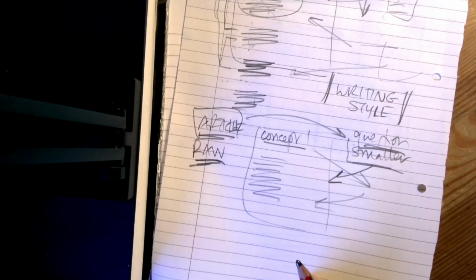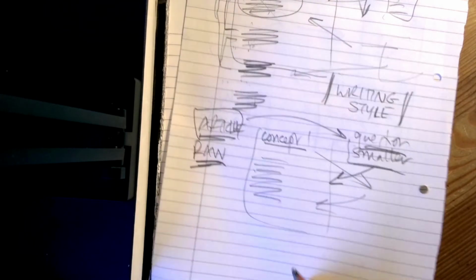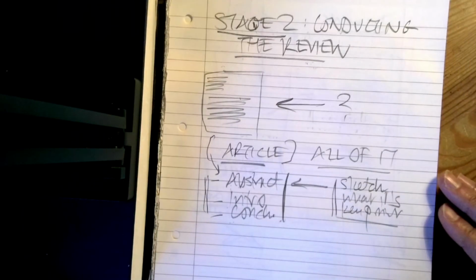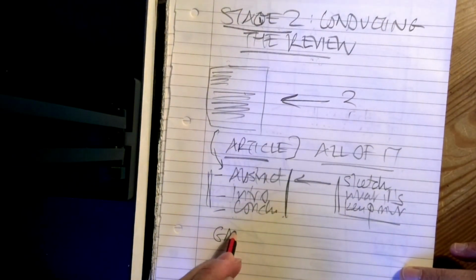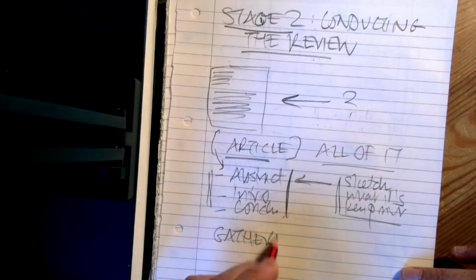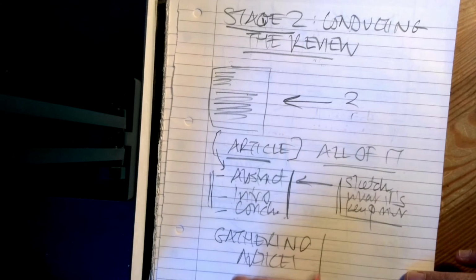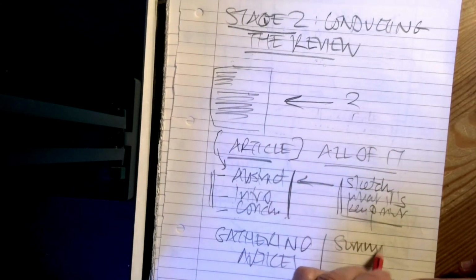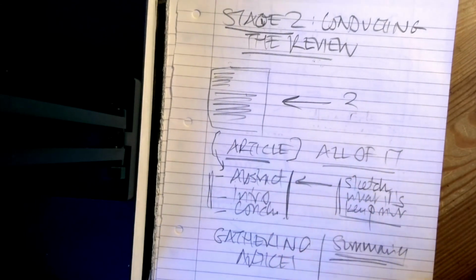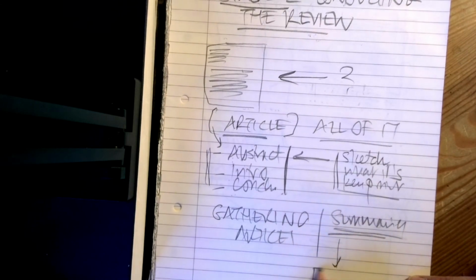Very, very useful method. So the idea is that in this phase, you are literally gathering, analyzing. You're conducting your review by gathering the actual articles. You're producing small summaries of those articles just as a first step, and you will be reading fully the articles.